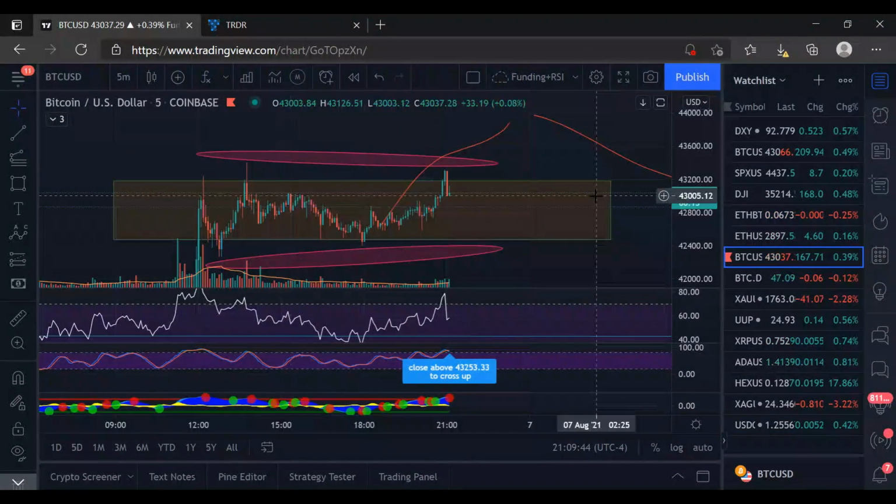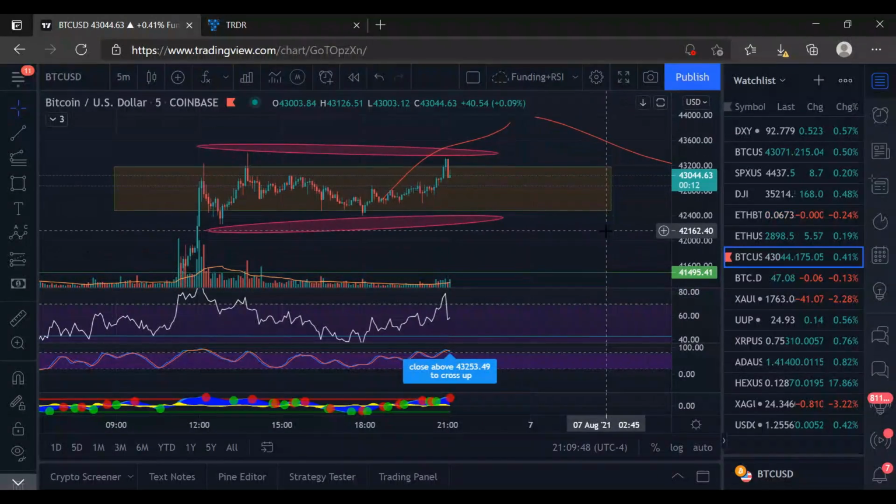Oh, I wanted to go 100x. They're not letting me go 100x on this thing.